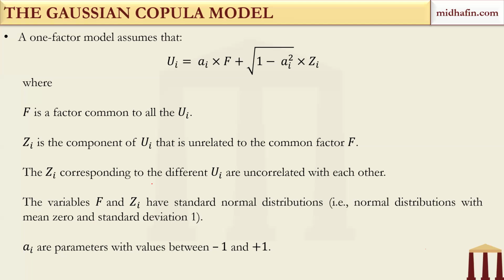So in this case also, based on the structure of the model, you can see that there's a common factor, and the correlation between UI and UJ will completely arise because of their dependence on a common factor.